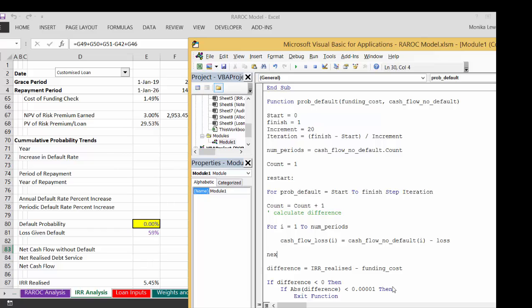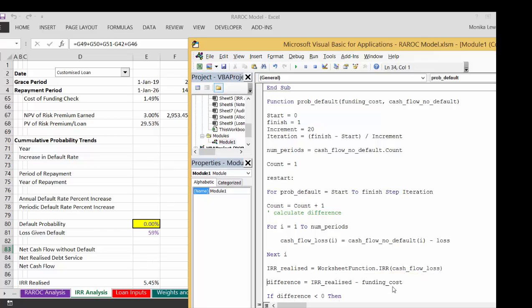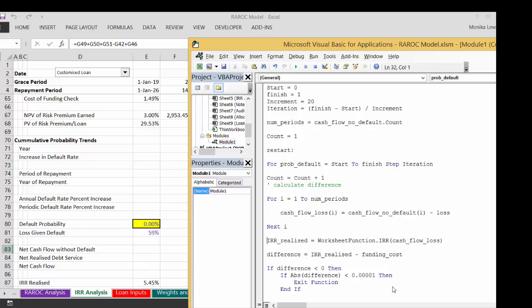We go through the loop, and then we put realized equals the worksheet function IRR, and we put the cash flow with the loss. So that's that, and now we just have to figure out the loss.